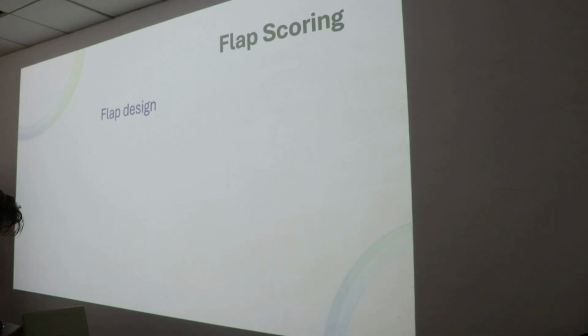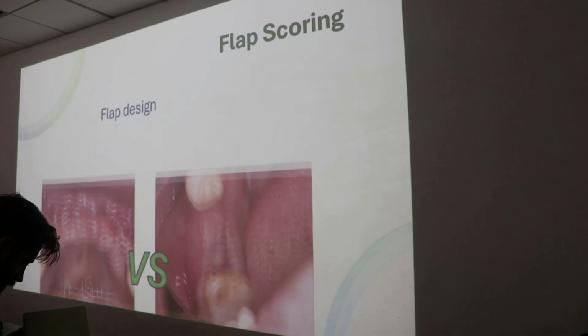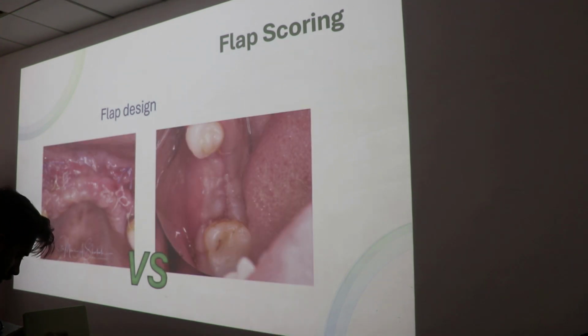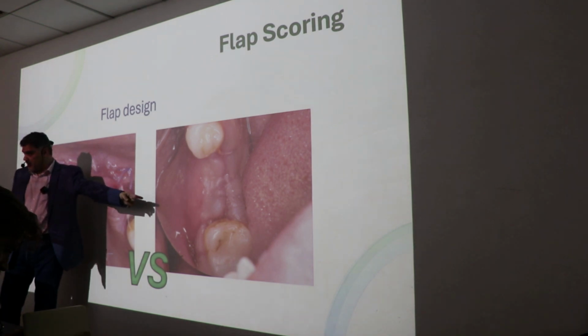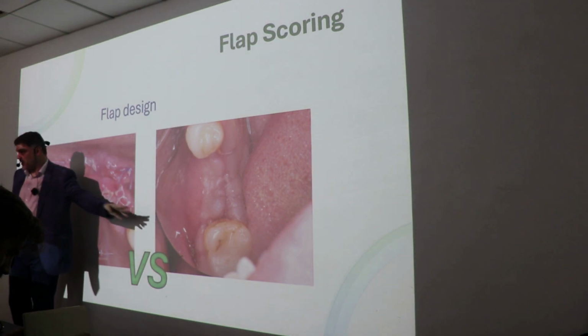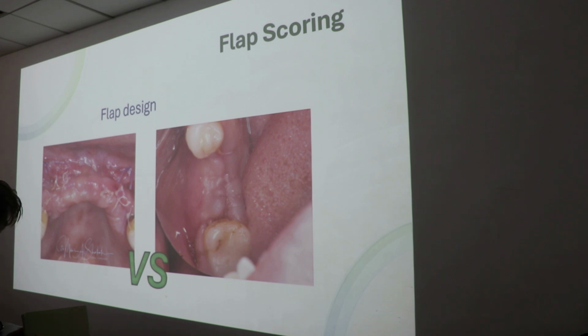But what do I mean? Don't be conservative in case of bone augmentation. Because if you do a long flap in a proper way and a short flap in a proper way, both of them will heal at the same time. This 2 weeks and this 2 weeks. Actually, this one heals better than this one.